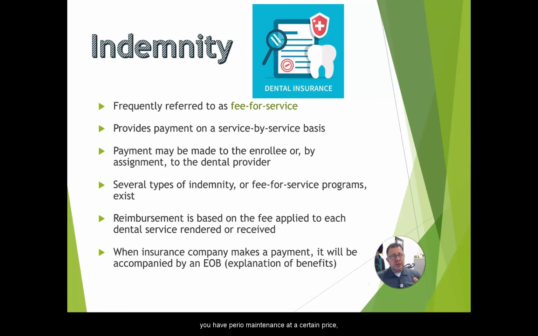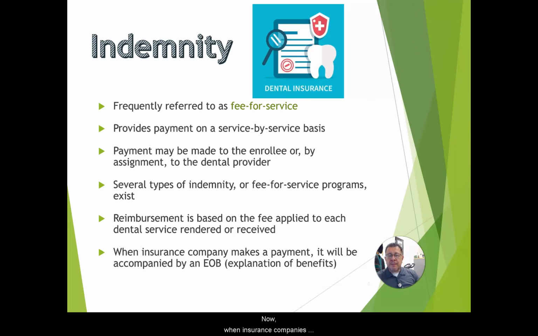So, you have perio maintenance at a certain price, pro fees, 1110s at a certain price, SRPs, 4341s at a different price. Okay, depending on what you did, which is attached to a certain code. All right.